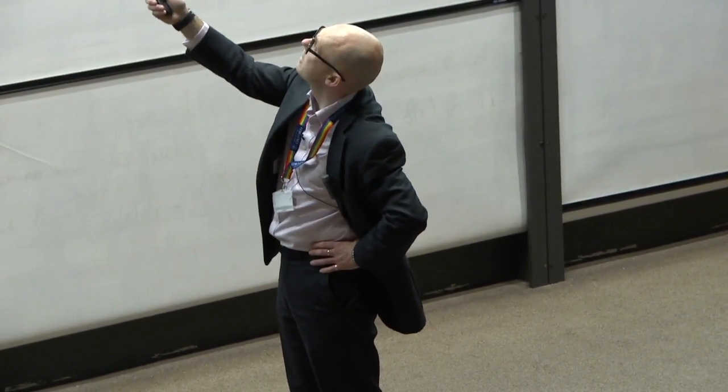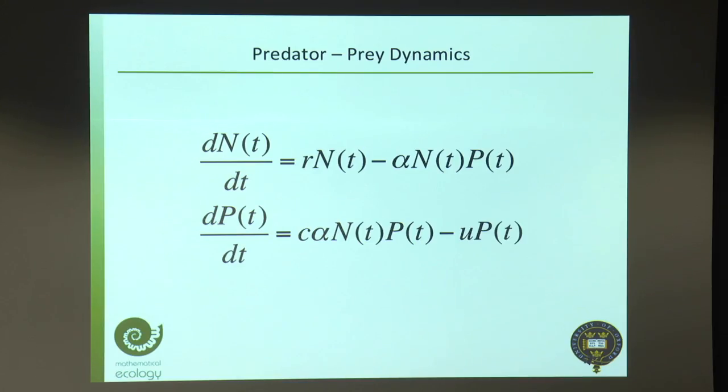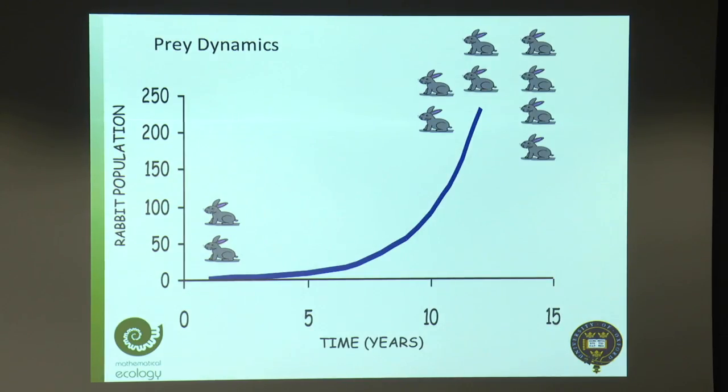So let's scale all that back and think, what sort of dynamics should I expect if the predators aren't there? Let's set P to 0 and see what happens. So we've got dN/dt = RN. What sort of dynamics do we expect to see? Again, we can do some maths. This time I'm not showing my workings, but I am showing a picture of the dynamics.